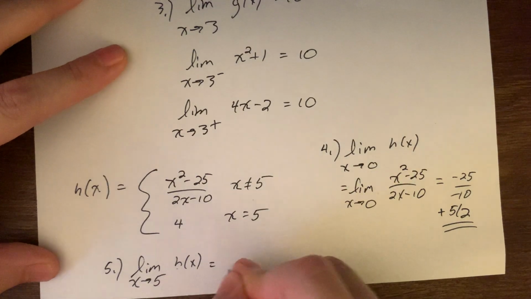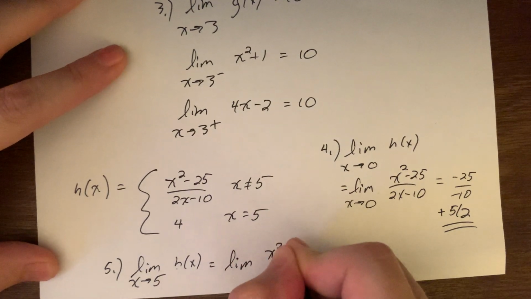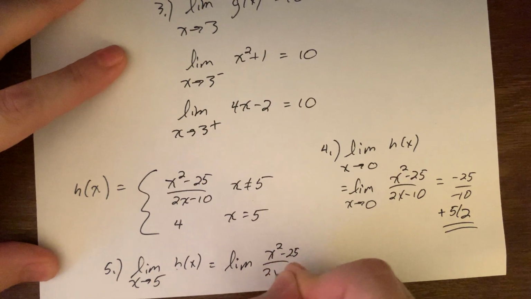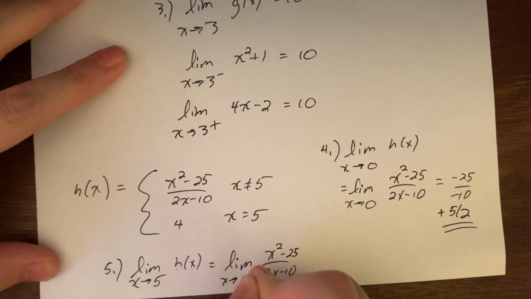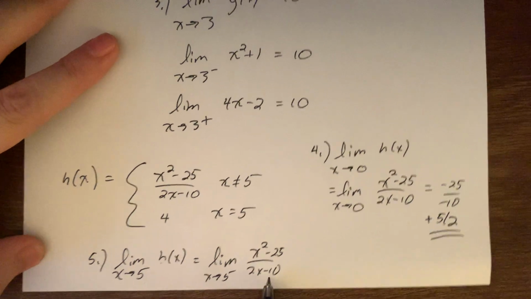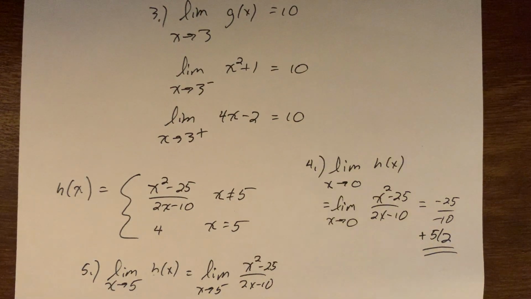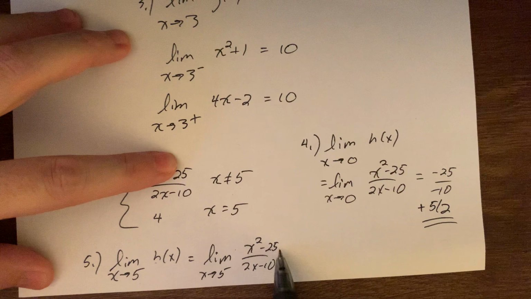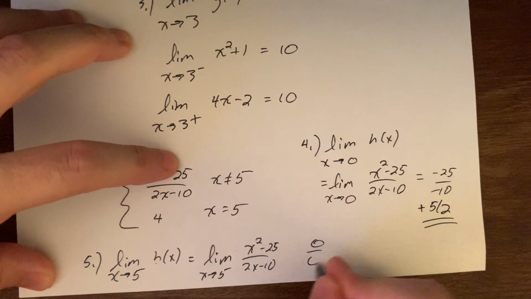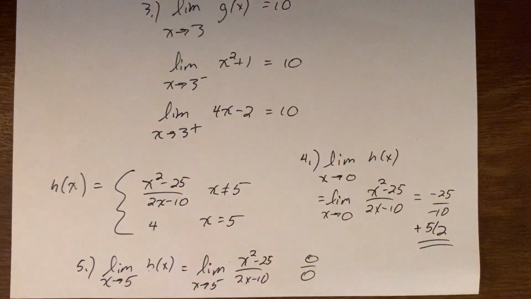So this one still seems friendly, because we only need one definition. But just because it's a piecewise function doesn't mean the plug-in part is easy. You plug this in, you get 25 minus 25 over 10 minus 10. We're still back in a 0 over 0.